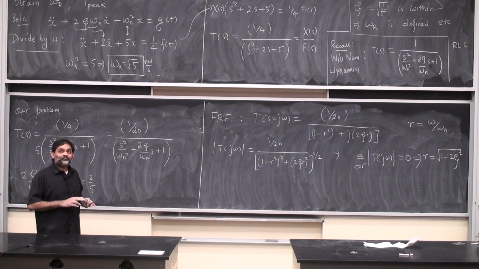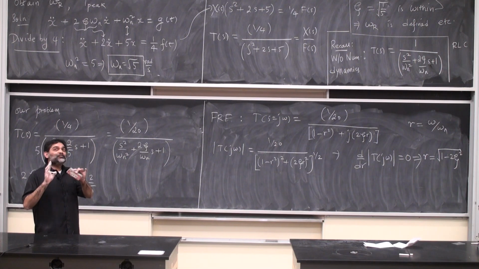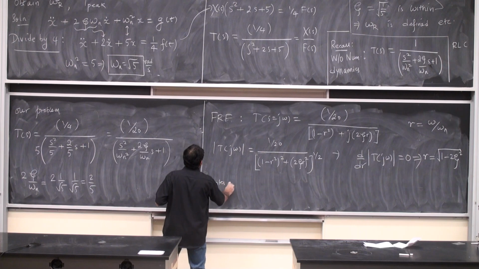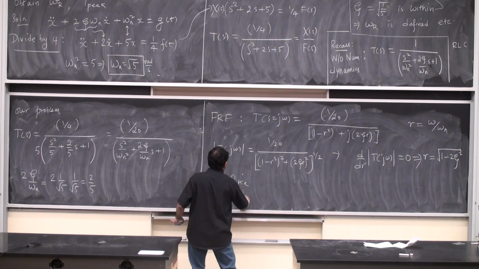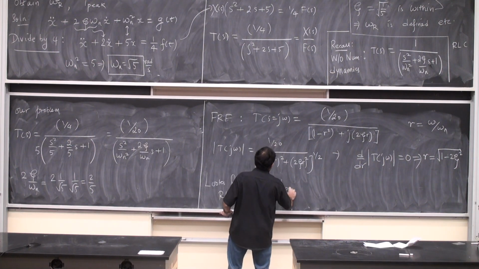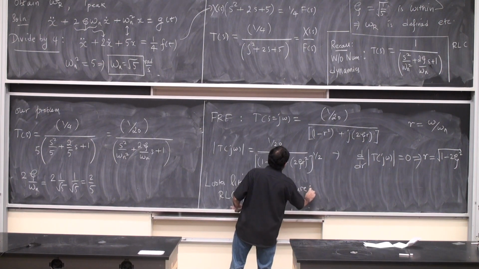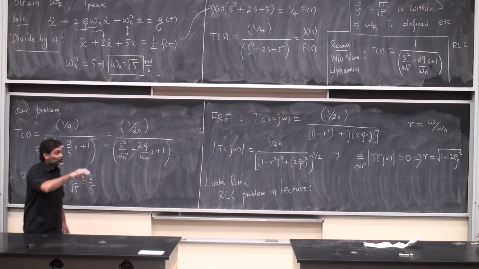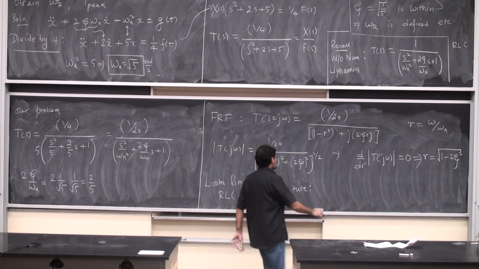So what do I say? This looks like the RLC problem in lecture. And so what should I say? Omega r is omega n times square root of 1 minus 2 zeta square.